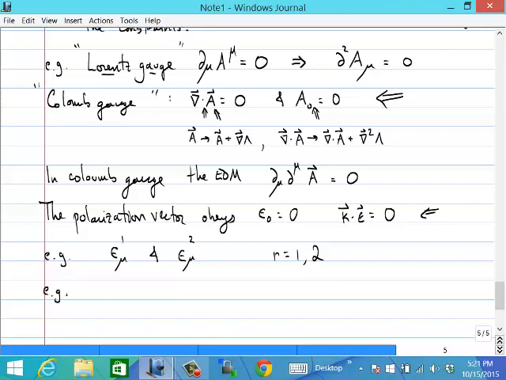For example, for a photon propagating in the z direction, you could take epsilon 1 and 2 to be 1 plus or minus i in the x and y components, and 0 in the t and z components. These would describe left and right circularly polarized light, respectively.